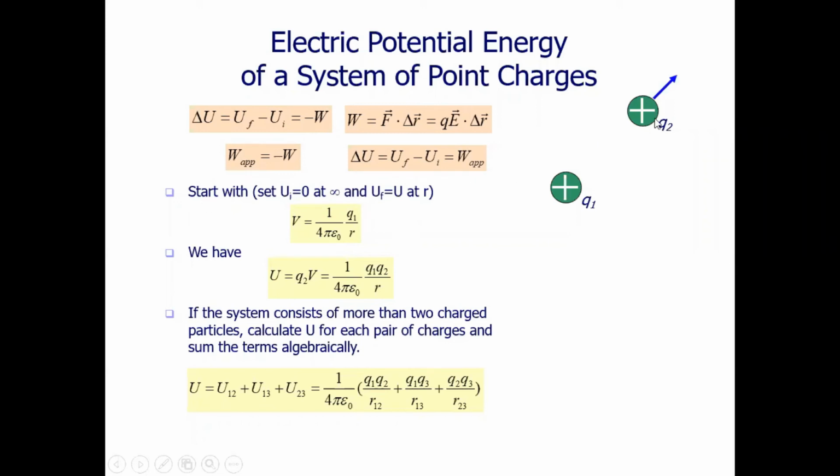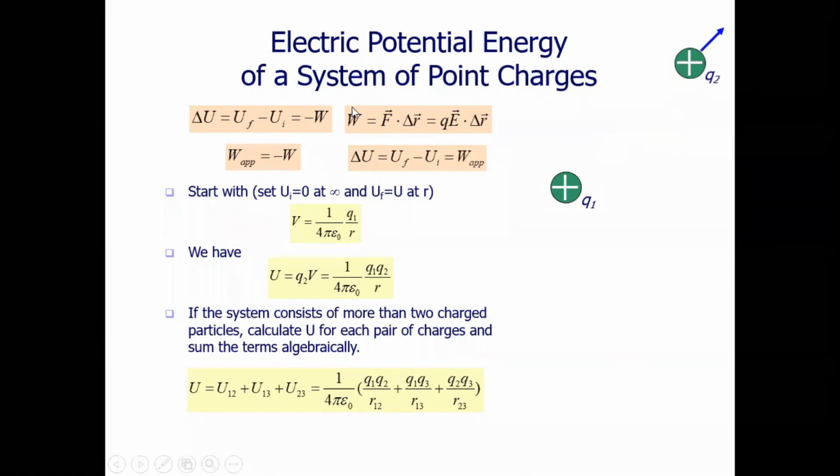If you bring charge 2 within the vicinity of charge 1, there will be a Coulomb force exerted on charge 2 due to charge 1. And if that force manages to move charge 2 in that way, work has been done. If work has been done, that work is stored as potential energy. So this work that has been done by the electric field is stored as the potential energy.